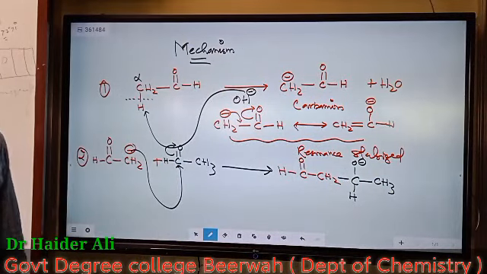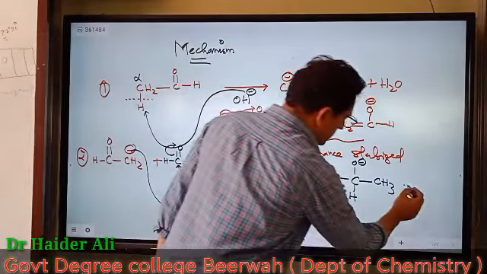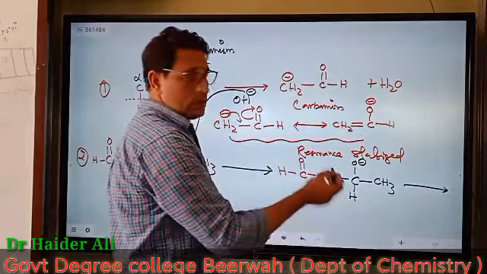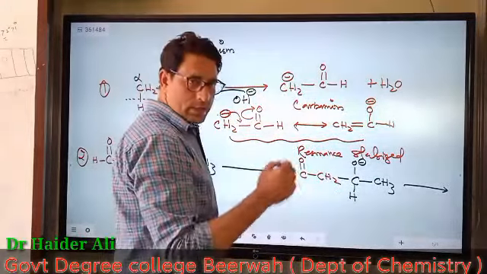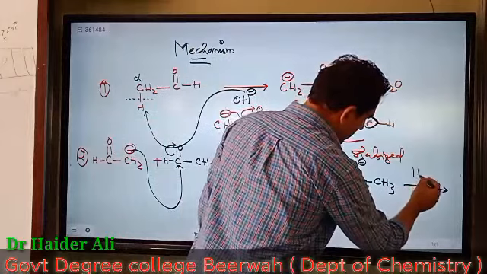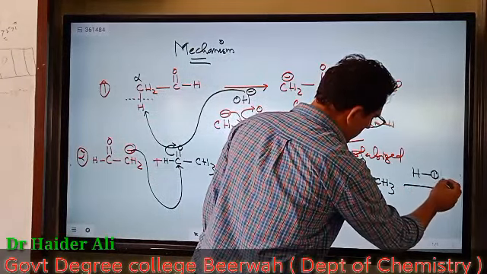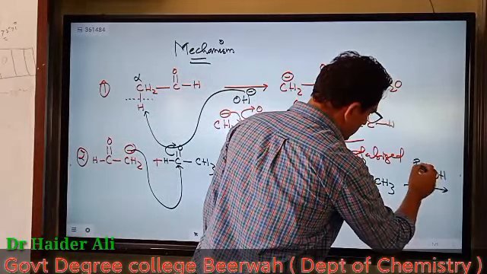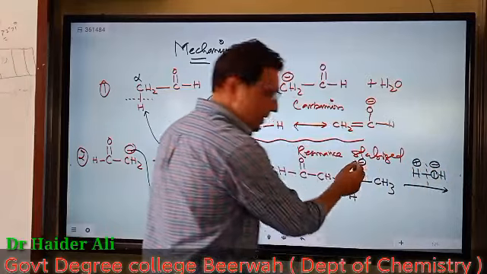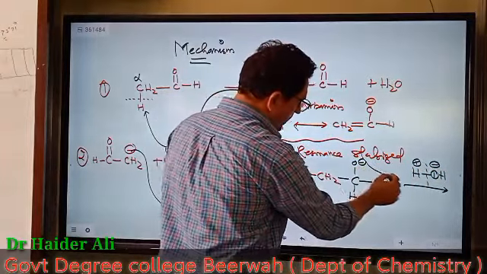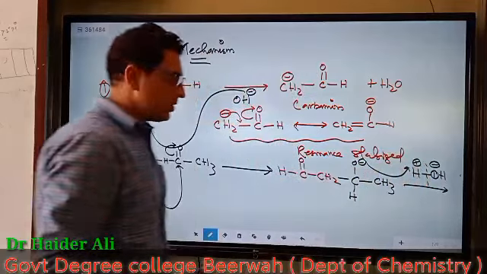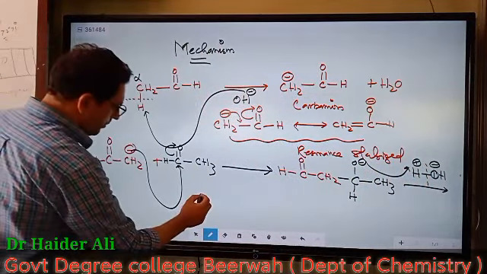You check? Now in final step, since we have aqueous solution of this base, we have water as a solvent. So H plus ion will come from the water. H plus OH minus. ये यहाँ पे है O negative. This O negative will pick up this H plus ion from the water, from the solvent. So our final product will be what?